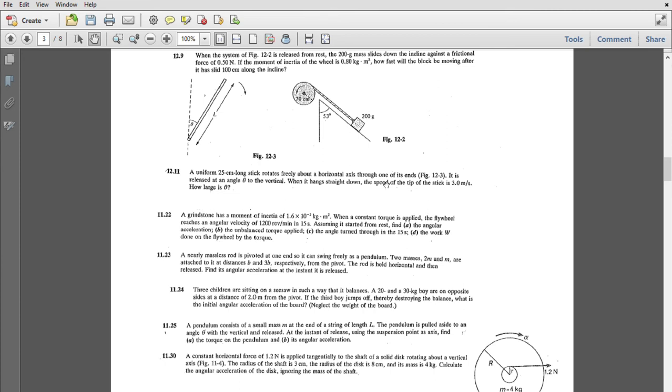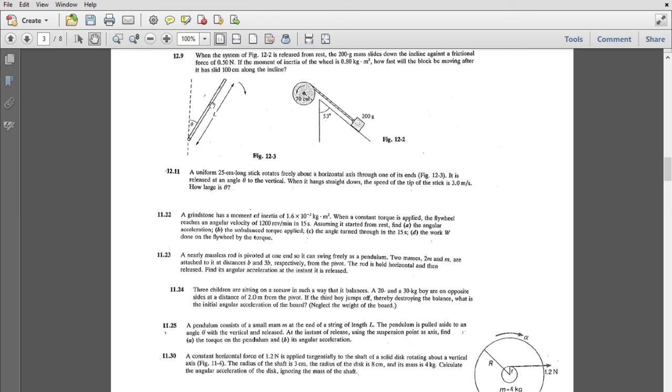So we can exchange out that omega final for the speed that's given using v equals r omega, where r is L in this case. So we would use v final is equal to L times omega final, so omega final is v over L. And so that puts it in there. Okay, so that's our delta KE plus delta PE. Let's see, how far does the center of mass go down?